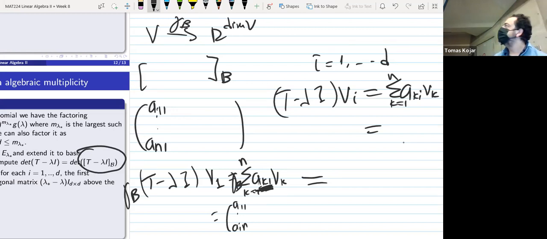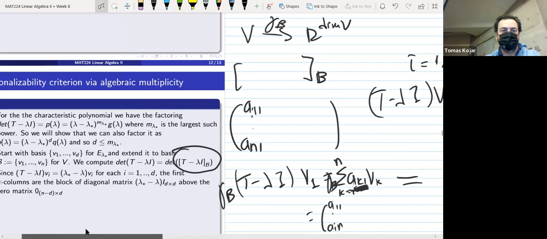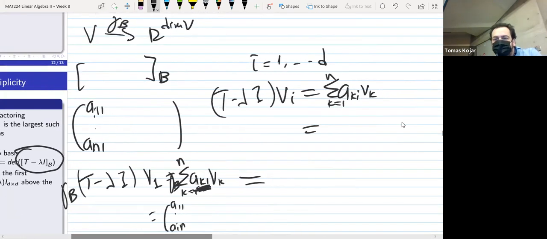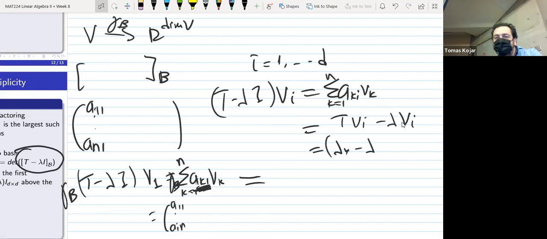Anybody knows? Yeah, go ahead. Yeah. So you have T of VI minus lambda VI, and this is lambda star VI minus lambda VI.